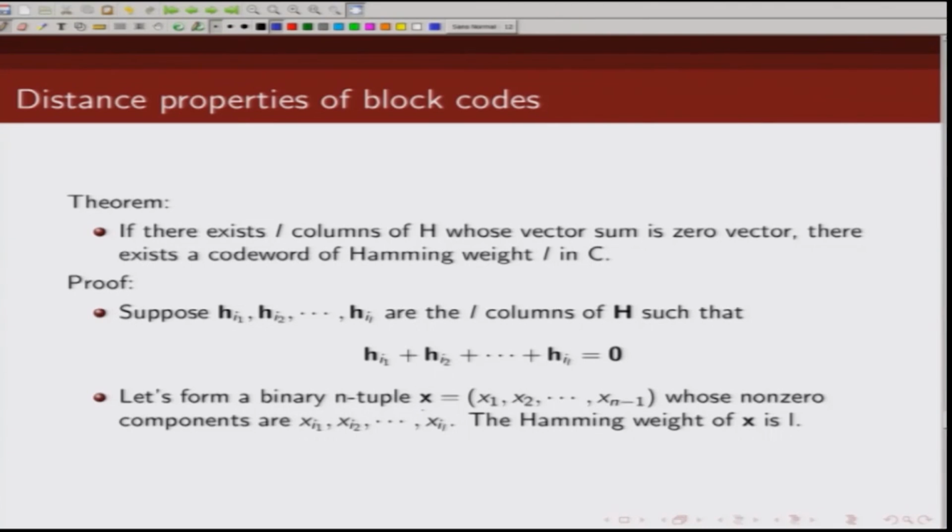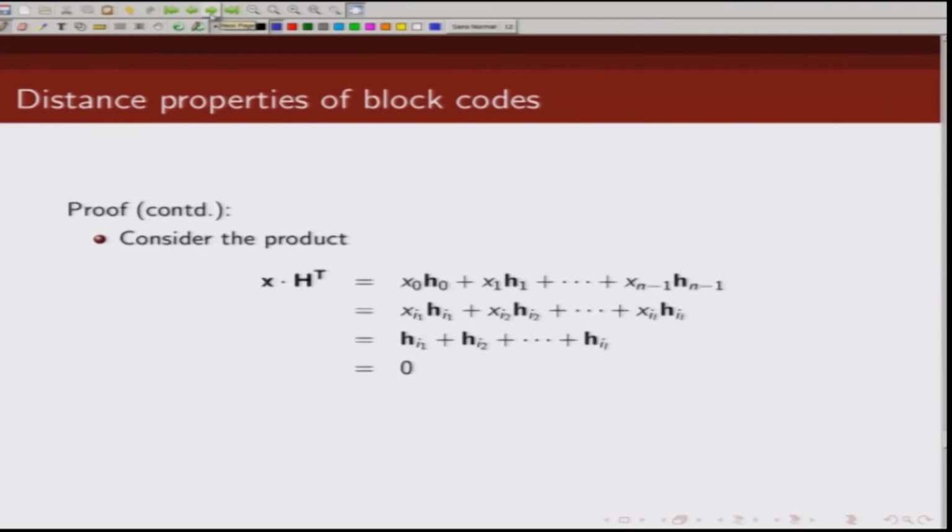So, how do we show x is a code word? Well, if x is a code word, xH transpose will be 0. So, let us evaluate xH transpose.